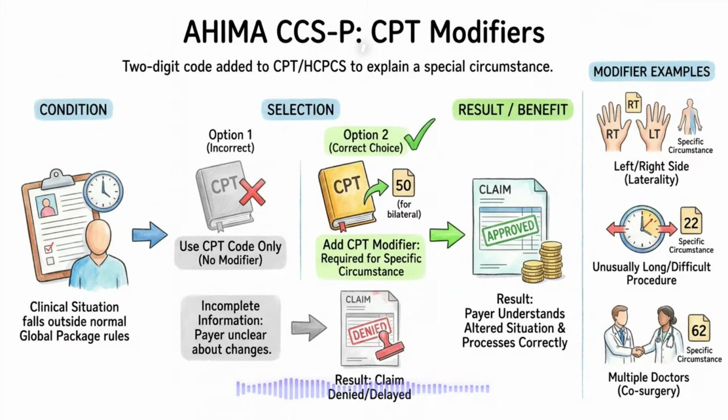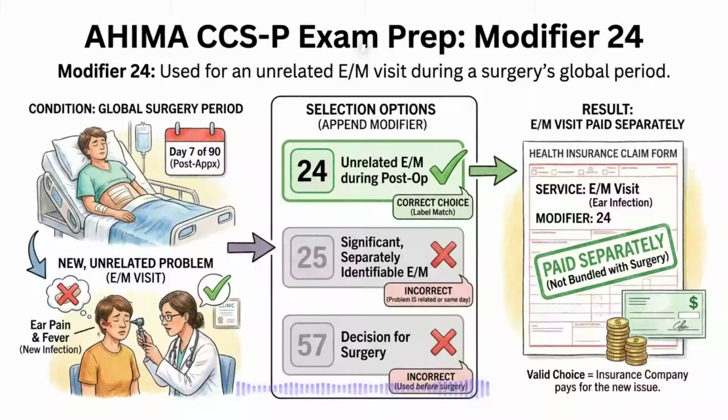Adding a modifier tells the payer that a service was performed exactly as described by the code, but some specific circumstance altered the situation. Modifiers explain things like whether a procedure was performed on the left or right side, if it took unusually long, or if multiple doctors were involved. Let us look at the modifiers used specifically during the global surgery period.